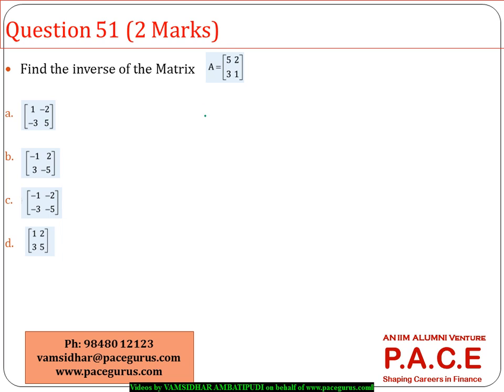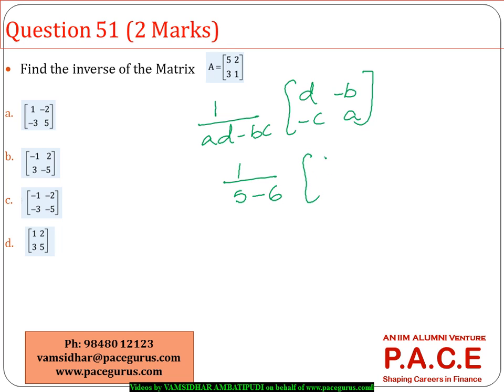For a two-dimensional matrix, we know that the inverse is nothing but 1 by AD minus BC into D minus B, minus C A. So simply using that formula, 1 by AD 5 minus BC 6 into D minus B, minus C A. So it's working out to minus 1 into 2, 3, minus 5, where option choice is B. So go ahead with the answer choice B in this case. Moving on to the next one now.